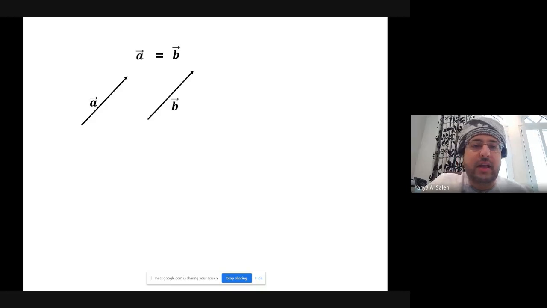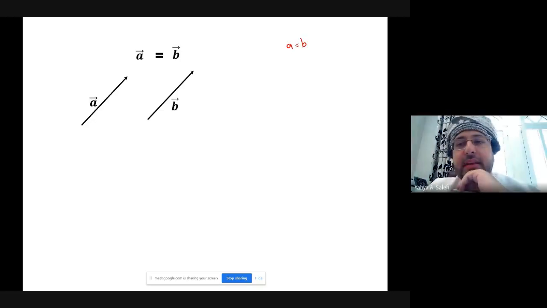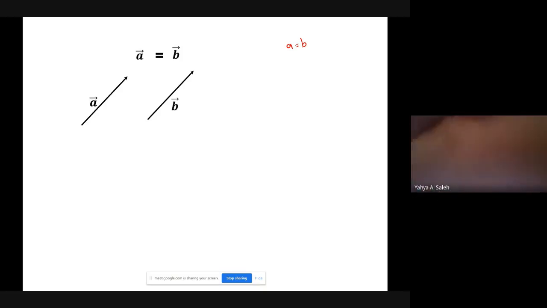When is a vector equal to another vector? Now, we know when two numbers are equal, it's easy. Number 1 is equal to number 2. So if I simply look at A equals B in scalars, they need to be the exact same number.